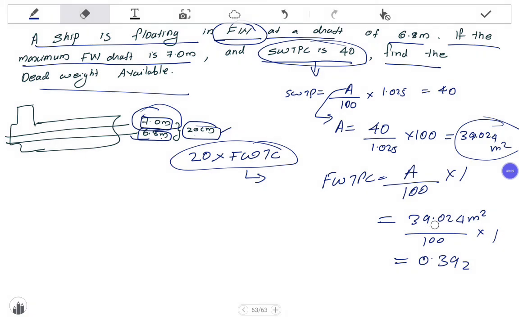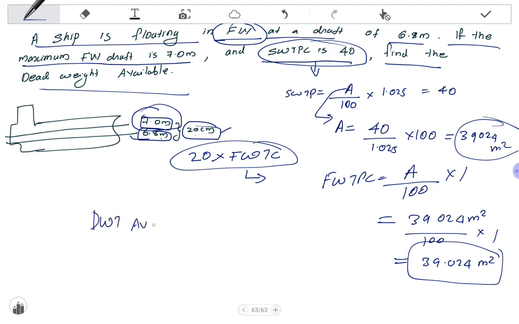Sorry guys, the area is not 39.024, it is 3902.4. It was just a writing mistake. So in the end, the freshwater TPC will be 39.024.